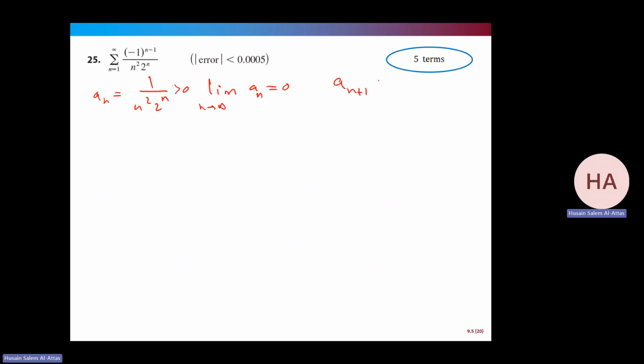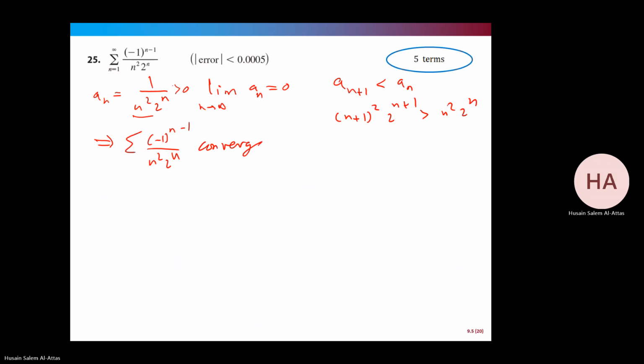And we know a_(n+1) will be less than a_n. Very clear, since (n+1) squared times 2 to the power (n+1) for sure is greater than n squared times 2 to the power n, so the reciprocal will be less. So the series converges by the alternating series test.